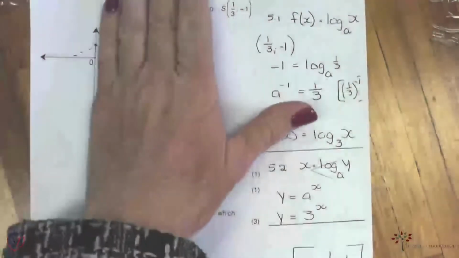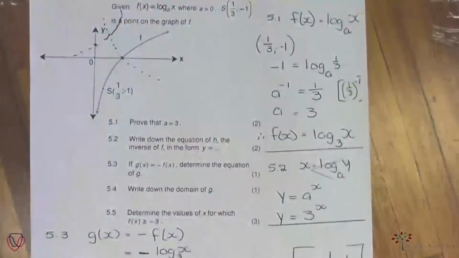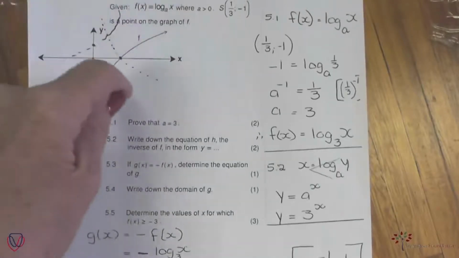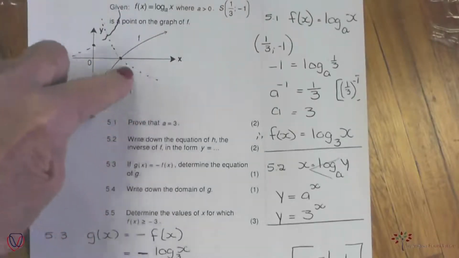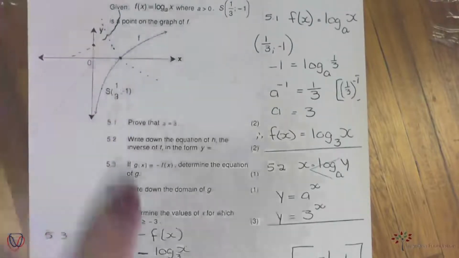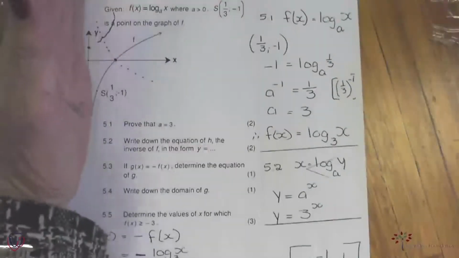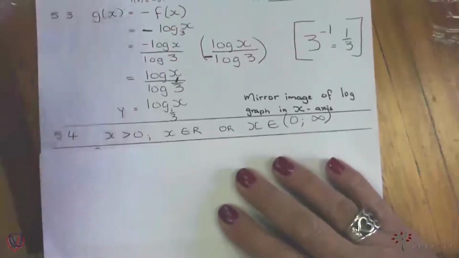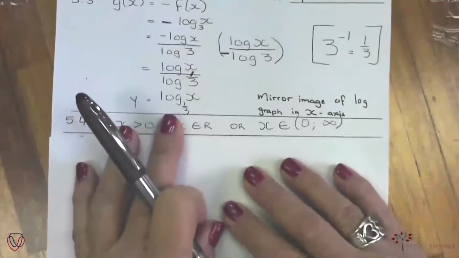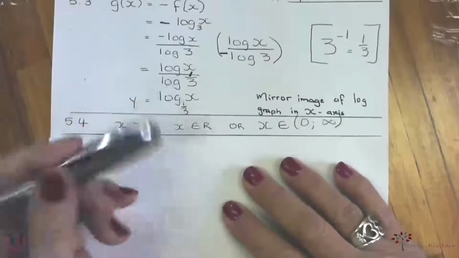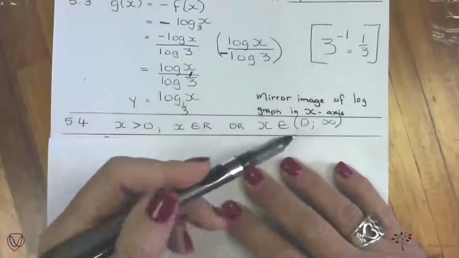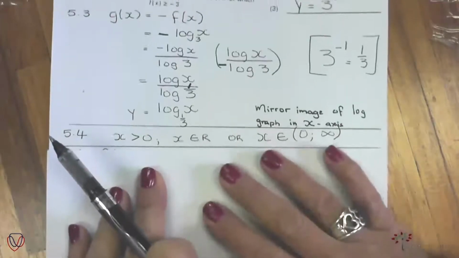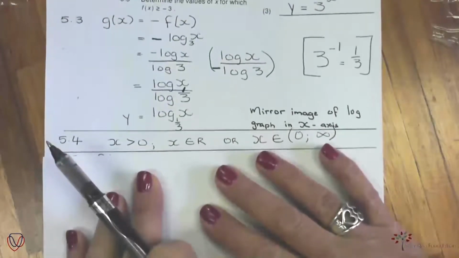Is there any graph on that side? No, people. No, this is not the graph there. The graph of the mirror image there in the x-axis will go up there, but it will never touch. So it's on the positive side of the x-axis. That's why the domain is x larger than 0, x an element of R, or x an element of 0 up to infinity.